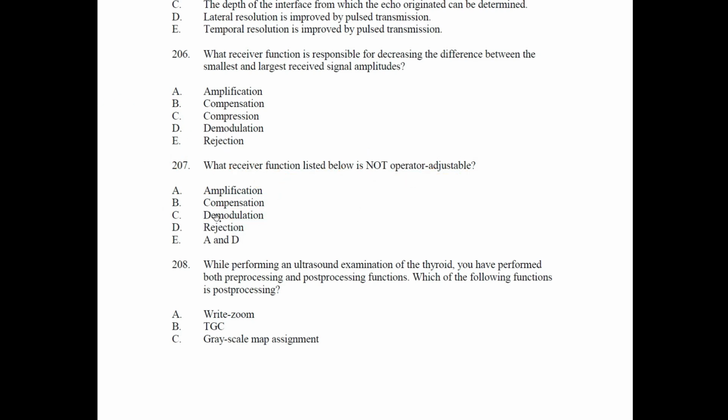Next, let's move on and look at question 208. For this question, you can think of it as a pattern where you remember the content through solving the problem. We're conducting a thyroid ultrasound examination, and it explains that pre-processing and post-processing functions are being applied. This is a question where you need to choose the option related to post-processing.